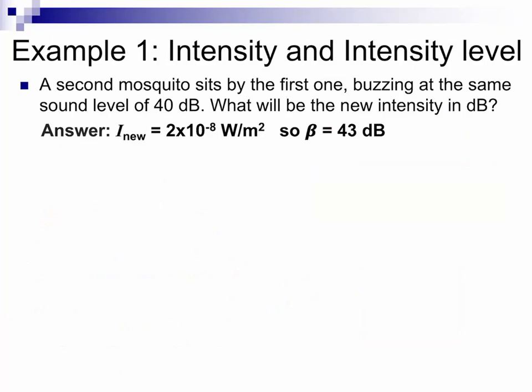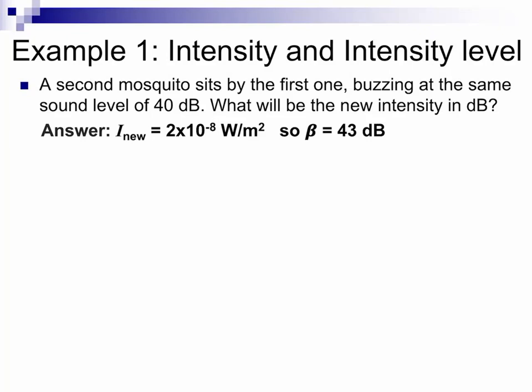Notice here, you might think that one mosquito has 40 decibels, you have a second mosquito at 40 decibels, so I just add them up. So the total decibel will be 80 decibels, but that's an incorrect answer. The correct answer is actually 43 decibels, not 80 decibels.